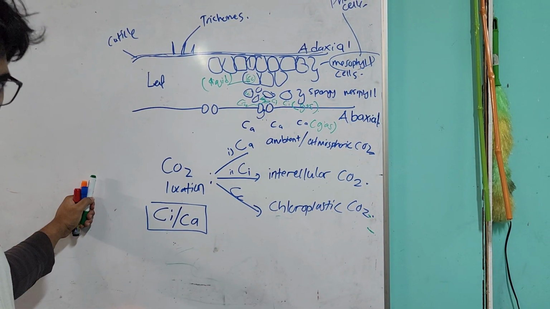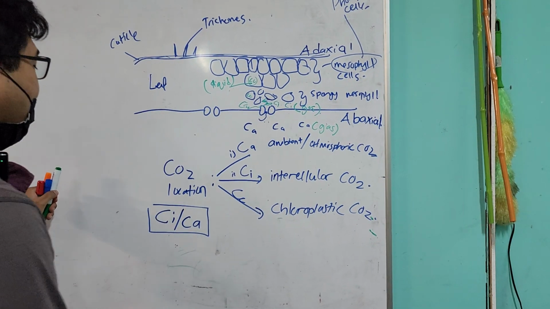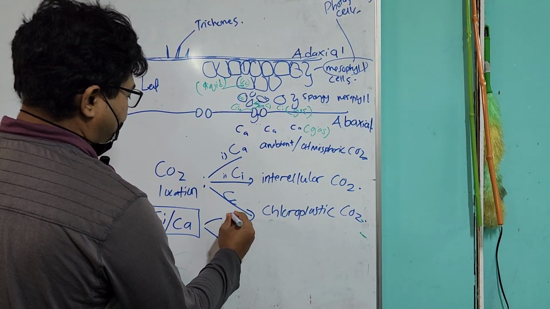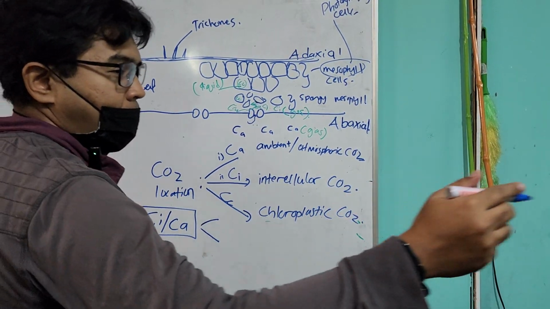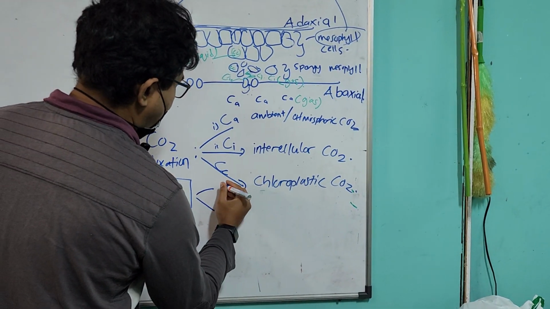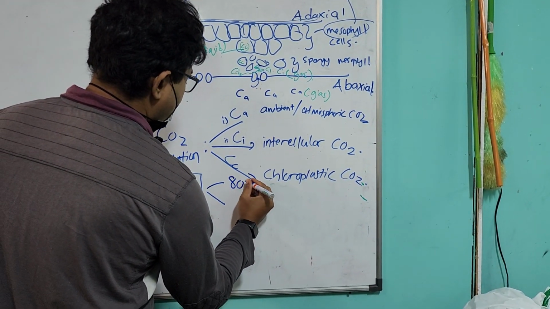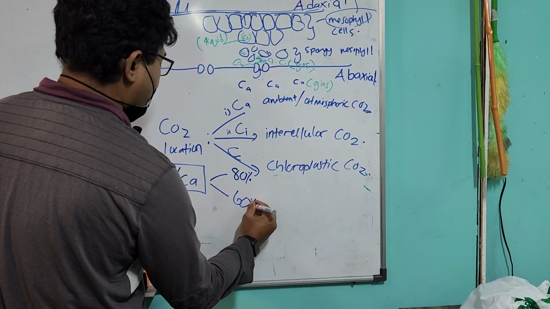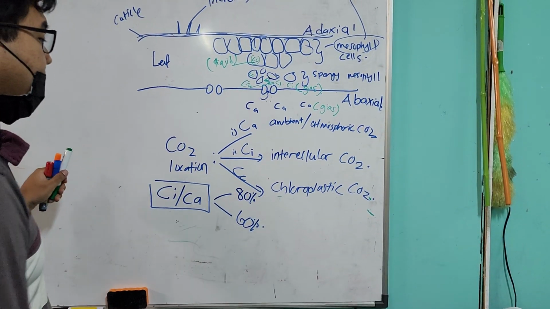So what's your scene now? Let's say that you have 2 readings. You have one reading, which is your sugarcane, which is 80%. And the other one is 60%.